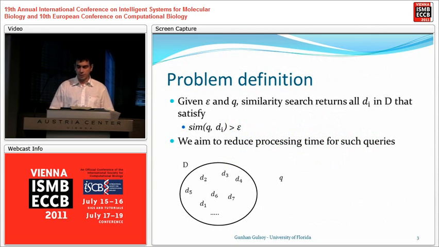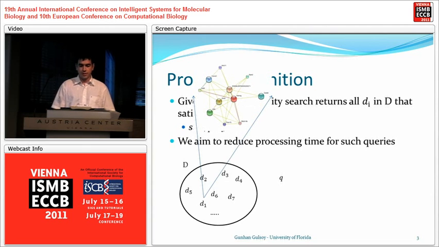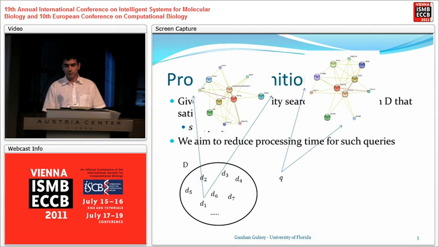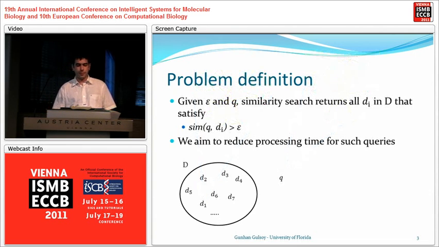to a new level. For our problem, we have a database of biological networks, and then we also have a query which is also a biological network, and we want to do a similarity search in this database of biological networks to this query network.